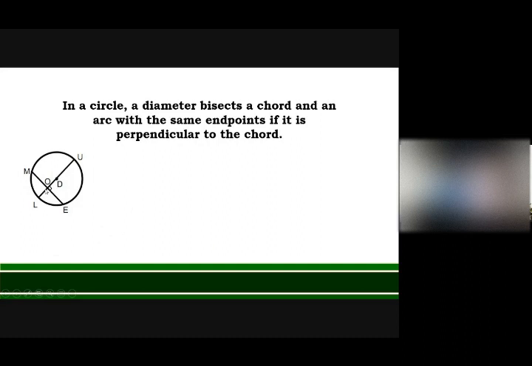So kapag perpendicular siya, this is equal to 90 degrees. Okay? And those chords, yung chord na bisect niya, they are congruent. Okay po? Dahil nagkaroon ng bisection dun sa chord natin, sa chord ME, dahil na-bisect siya ni diameter LU, ibig sabihin dito, yung OM at yung OE ay congruent.